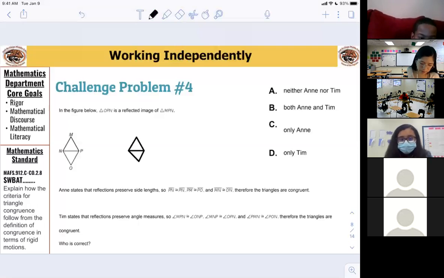Now let's check it out. I'm trying my best to copy this triangle. I'm just doing the same picture here, because I want to look at Anne's statement versus Tim's.